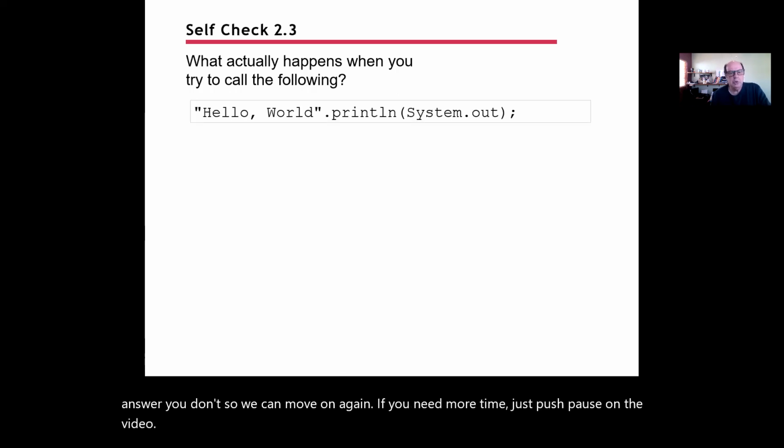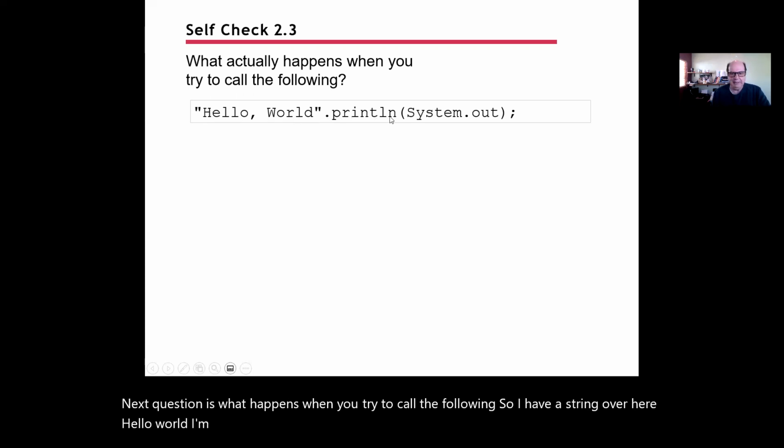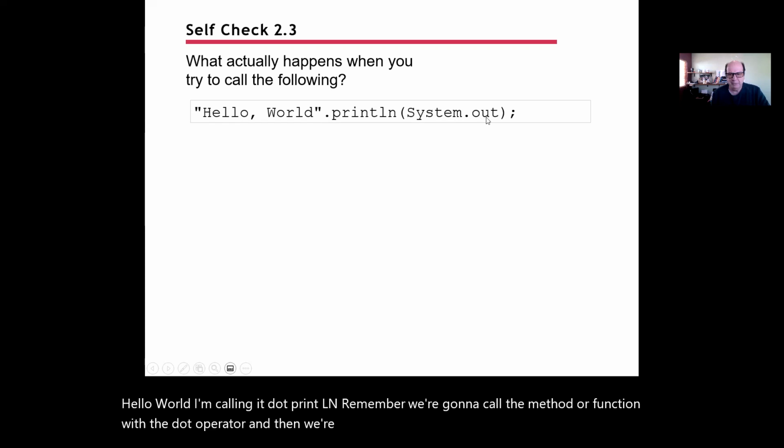Next question is, what actually happens when you try to call the following? I have a string over here, hello world, and I'm calling a dot println. Remember, we call the method or function with the dot operator, and then we do the system dot out. So think about this.